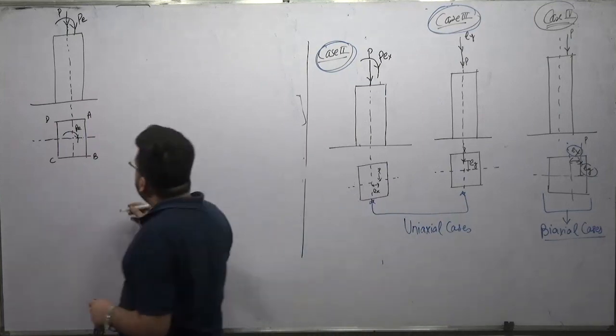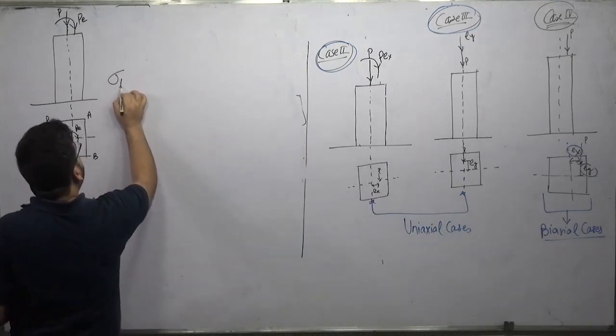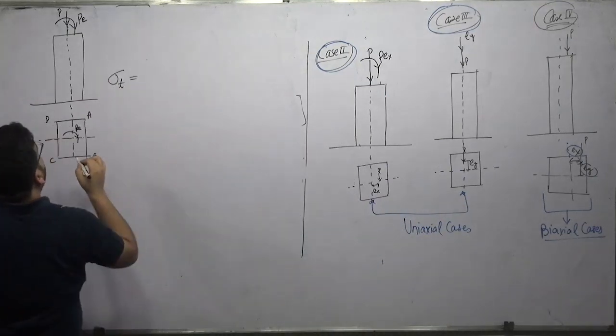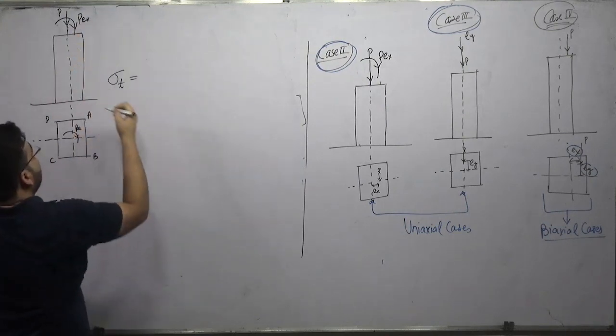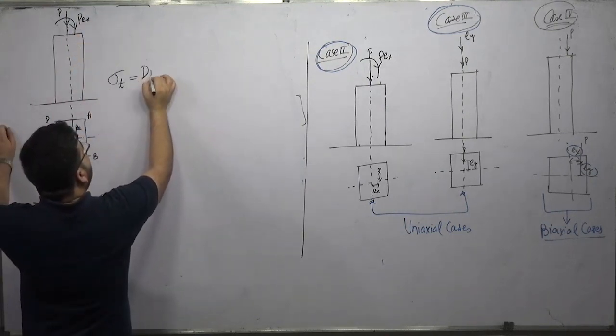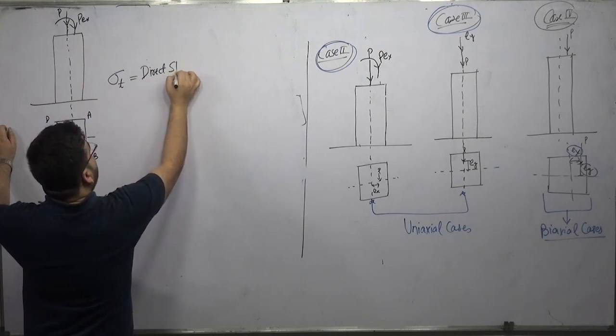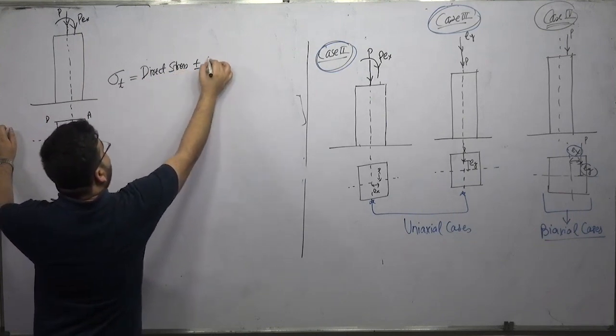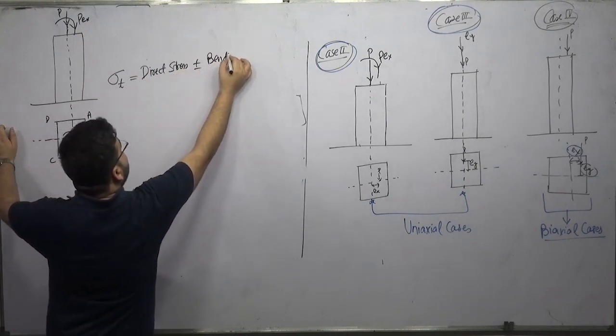So the total stresses are given by the direct stresses plus minus the bending stress.